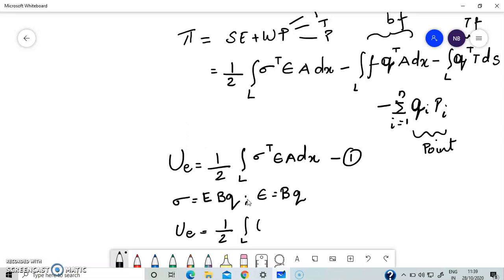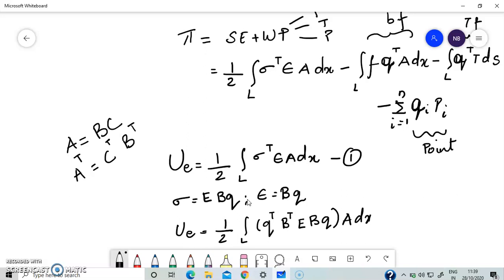Now when we have a matrix A, say it is equal to B into C, if I want to get the transpose of it, the matrix multiplication rule is that it will be C transpose into B transpose. So using the same, I get q transpose, B transpose, E is constant, and epsilon is B into q, into A dx.